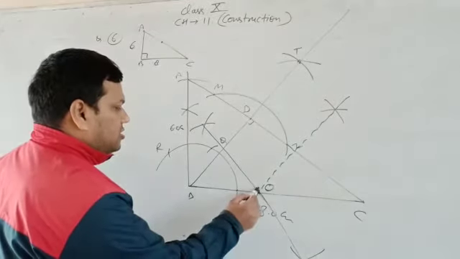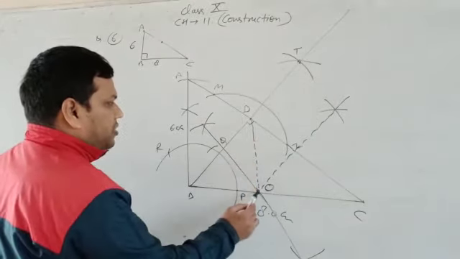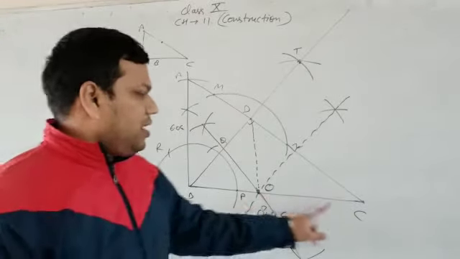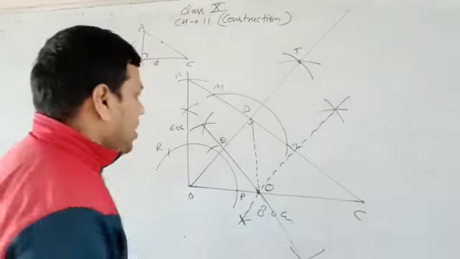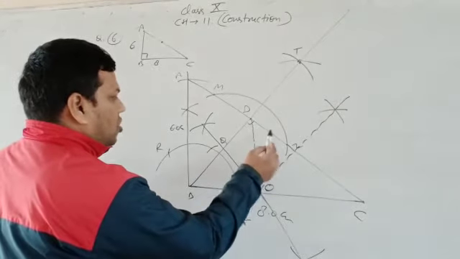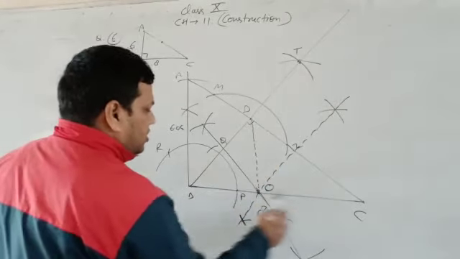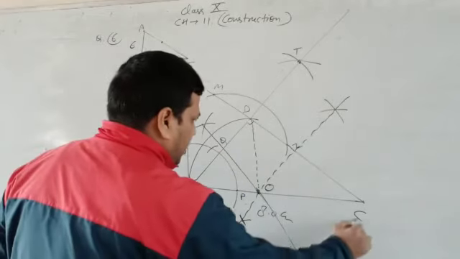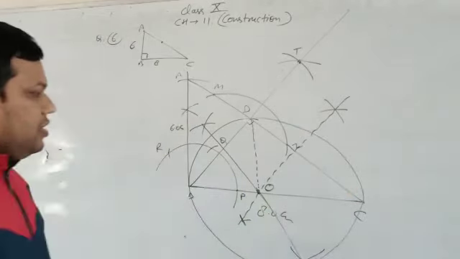From this center you should take a radius of OD, OB and OC, right? And draw a circle with radius this or this or this. You will find the circle like that, right?